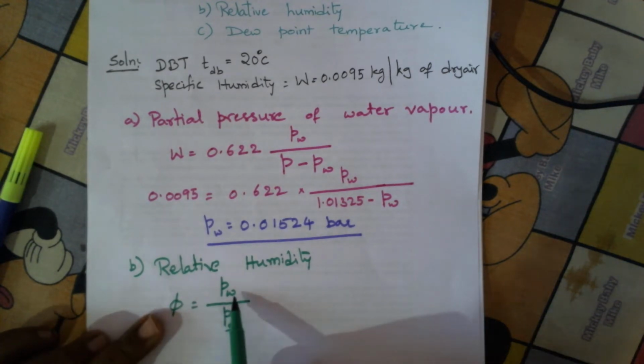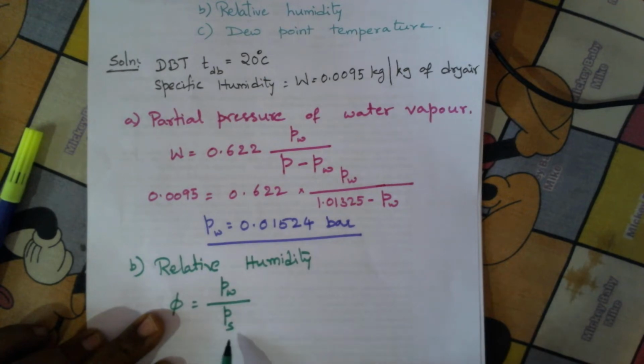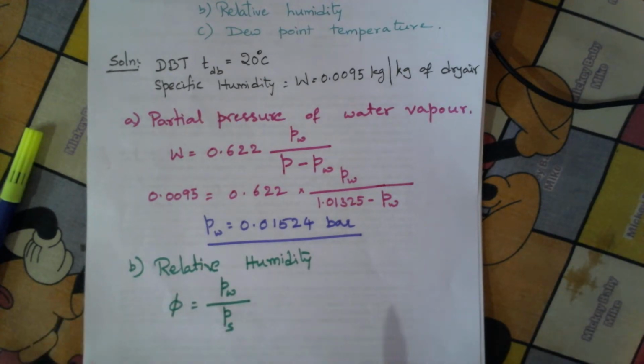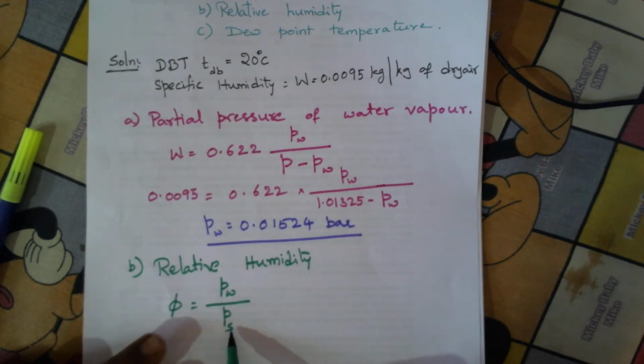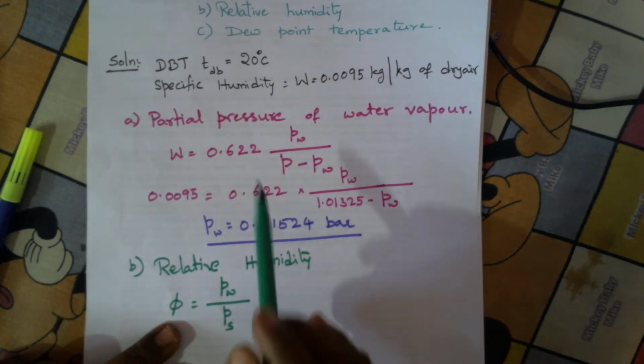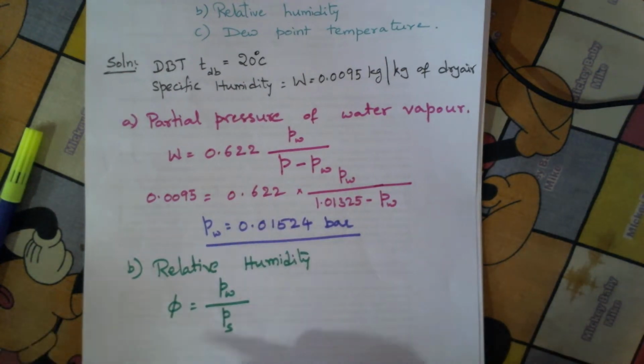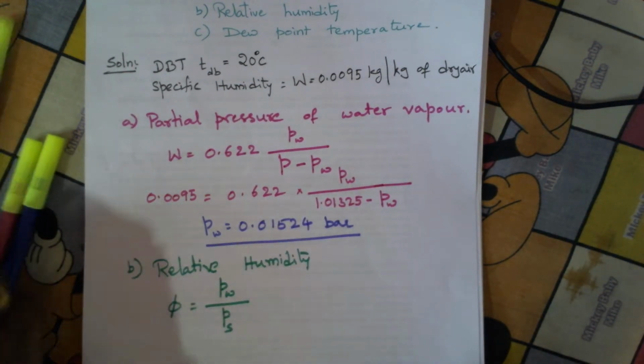The partial pressure of water vapor in the given condition we have just calculated. Next, in the denominator, partial pressure of water vapor in saturation condition. That we can get from steam tables corresponding to 20 degrees centigrade. So now what you have to do is refer steam tables.